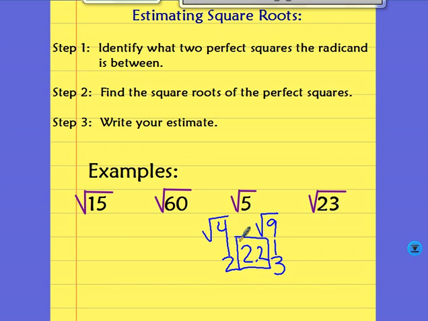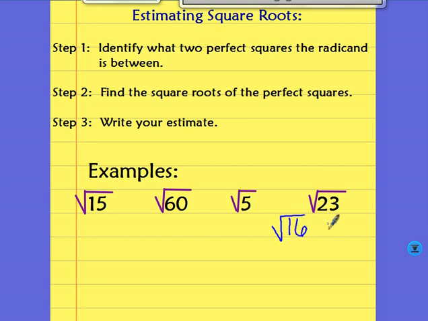Example number 4. The square root of 23 sits between 2 perfect squares. 23 sits between 16 and 25.